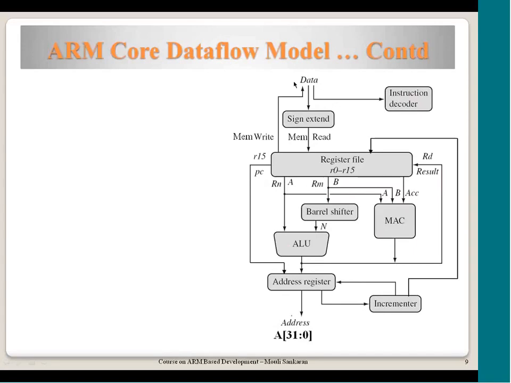Now leaving aside that part, let us understand the other portion of the circuitry here. For a memory write, anything to be written into memory has to go through this data bus, and one of the registers' contents needs to be written. So there is the flow of data from here. Memory write goes through this. For any memory read, if you recall from the last discussion, it could be 8-bit or 16-bit content coming from memory, and optionally it could be sign extended based on the type of the data coming in.